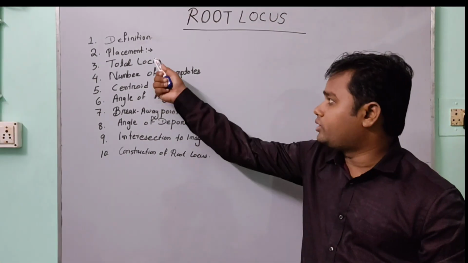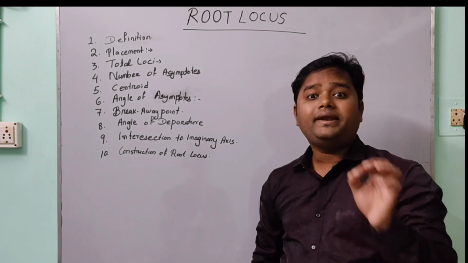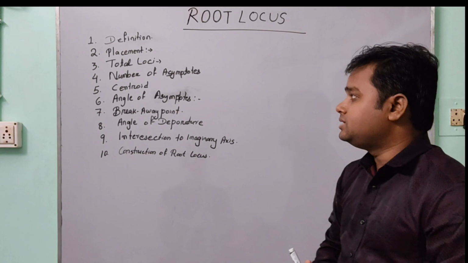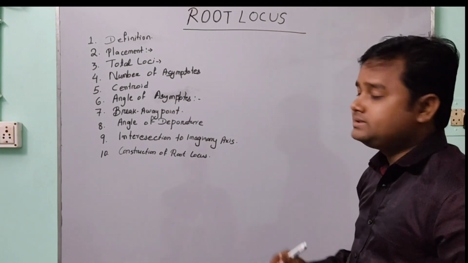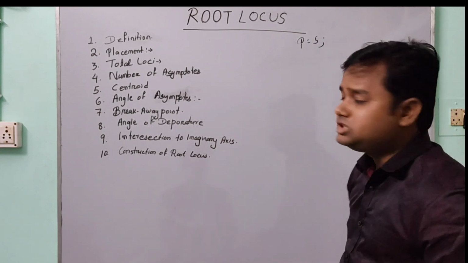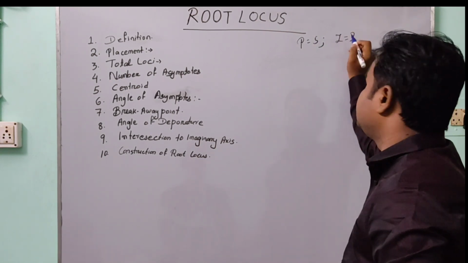The next point is total loci. That means how many loci are present inside a root locus. Suppose in a root locus the number of poles is 5 and the number of zeros is Z equal to 3.